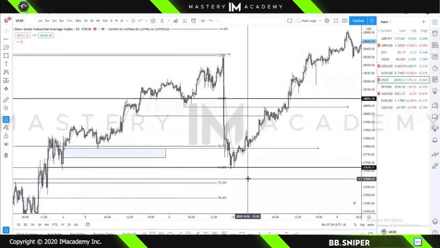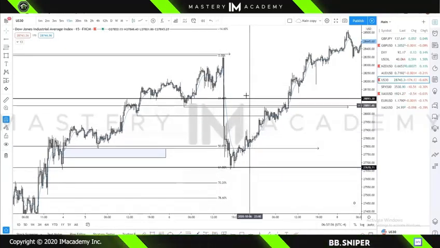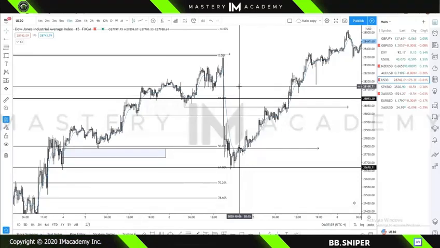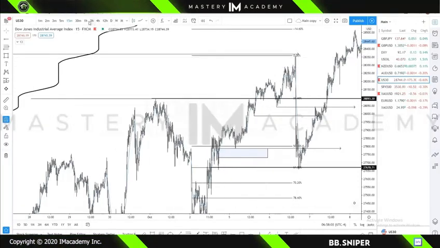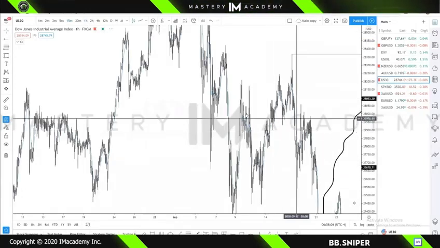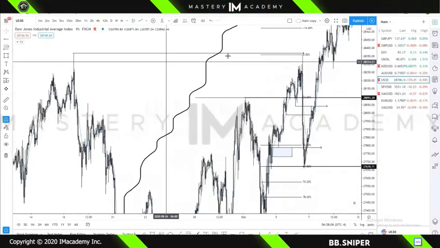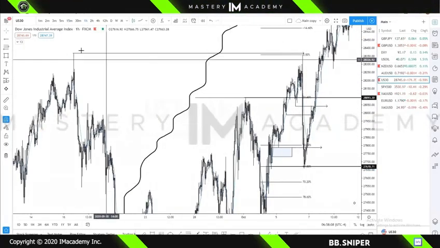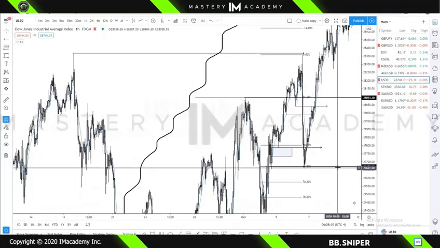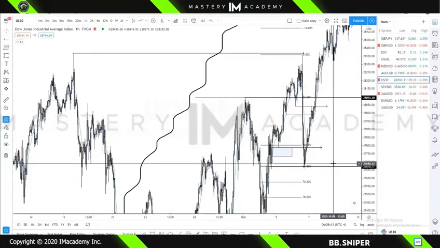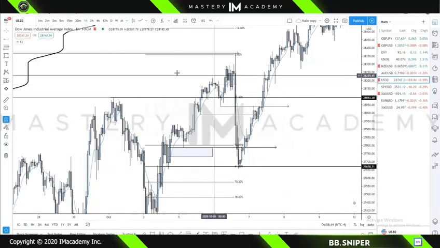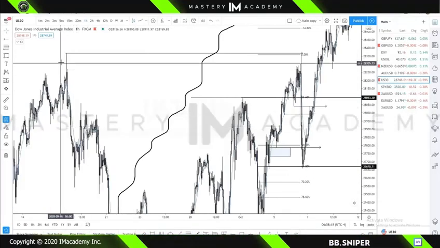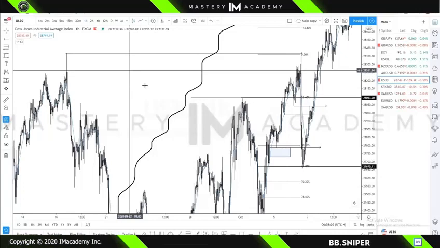Now that it's captured internal liquidity, what is it going to do? It's now going to seek for external liquidity. We can see that this is the play here because it literally set up external liquidity before the sell-off to induce sellers to get in on this move down, right? And so they know sellers got in on this move down because they set it up so that it would look good for them to get in on that move down.